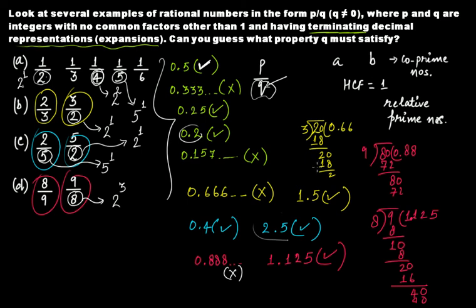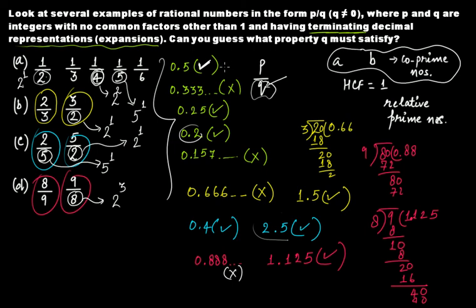Only those numbers, if they are co-prime numbers, this is very important, where p and q have to be co-prime numbers. Only those pairs of co-prime numbers where the denominator is either a power of 2 or a power of 5 will give us terminating decimal representations or expansions, no other number.